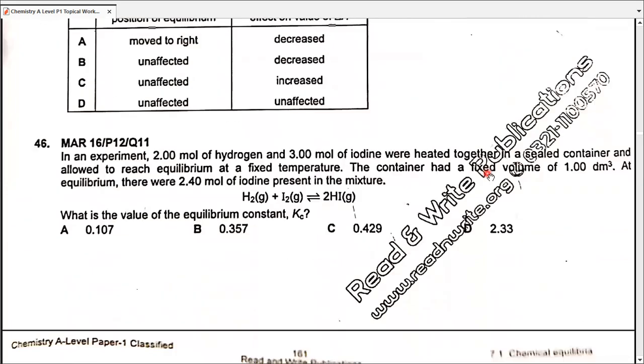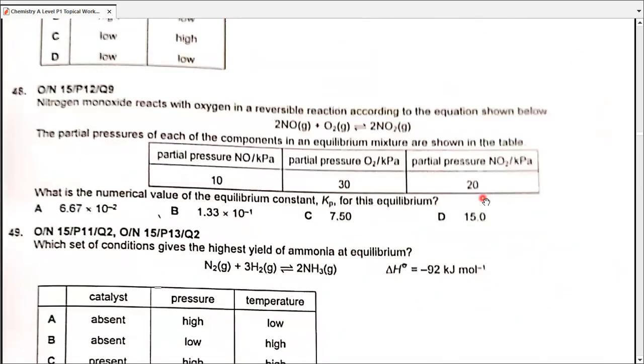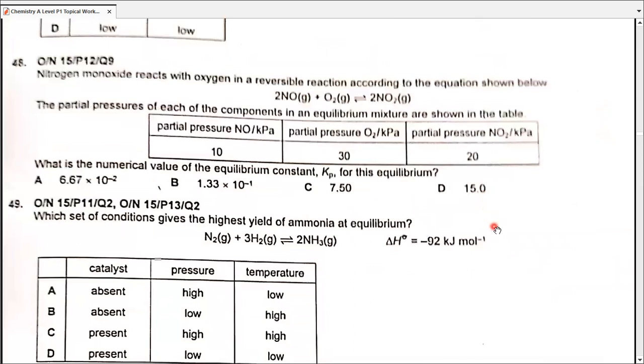Too easy. Same. Let's try this. 48. All right.